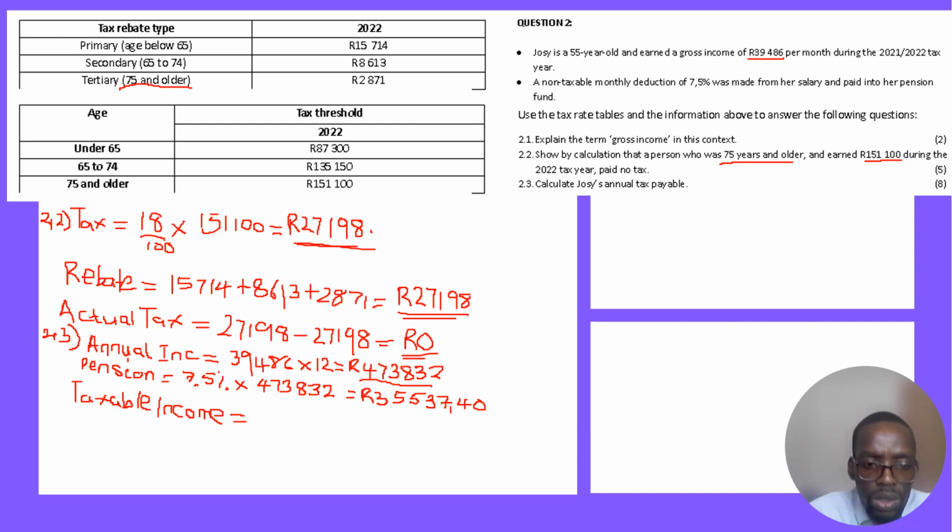My gross income is 473,832 minus our pension. We say it is our non-taxable deduction.